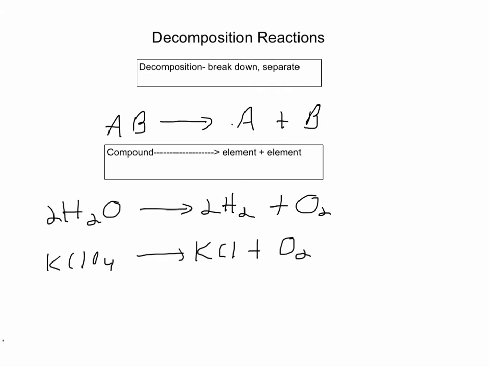Or we could have sodium chloride break down into sodium plus chlorine gas. And to balance this, so we have one compound breaking into its elements, and that's all there is to decomposition.